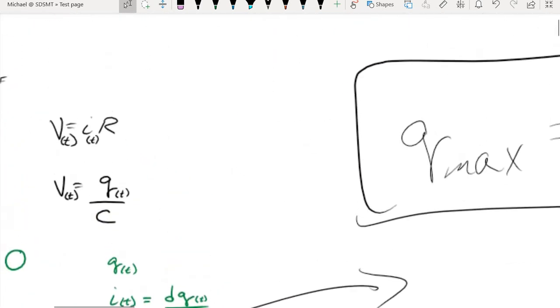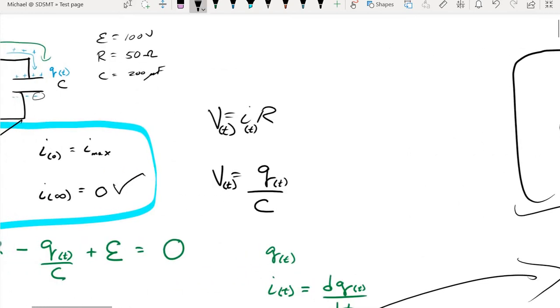And way up here, there were the values. So tau equals RC. We have 50 ohms and 200 microfarads. Our 200 times 50 is 10,000. We have micro, and if we remember, we said time constant was measured in seconds, so we have 10,000 microseconds.